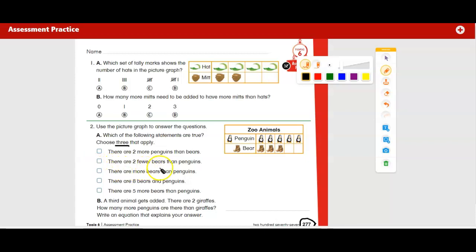There are 2 fewer bears than penguins. When you look at the picture graph, is it true that there are 2 fewer bears than penguins? If that's true, then fill in the box. But if it's not true, then leave it blank.